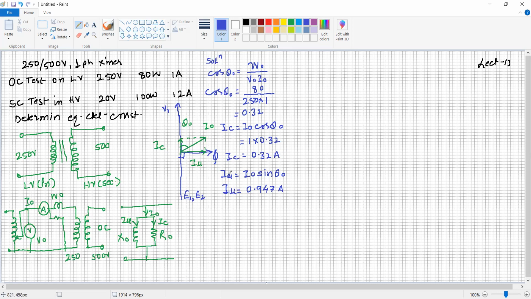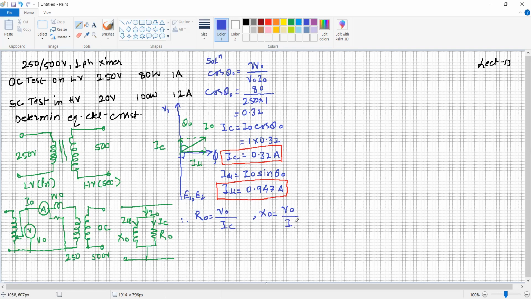This is I mu. So these two parameters are the core loss component of current and the magnetizing component, whose responsibility is to produce the required magnetic flux in the core.